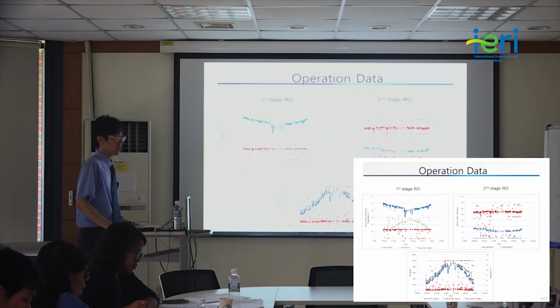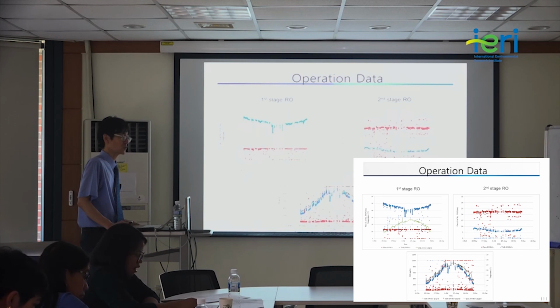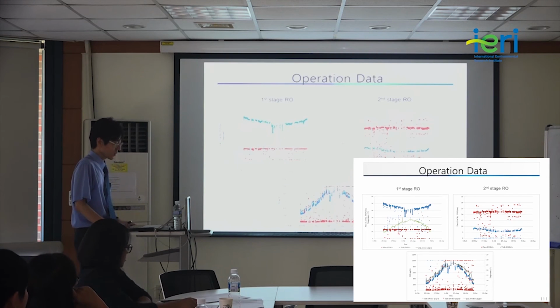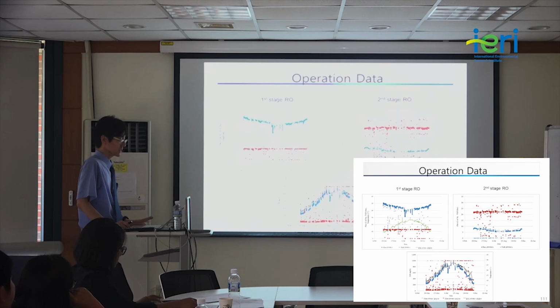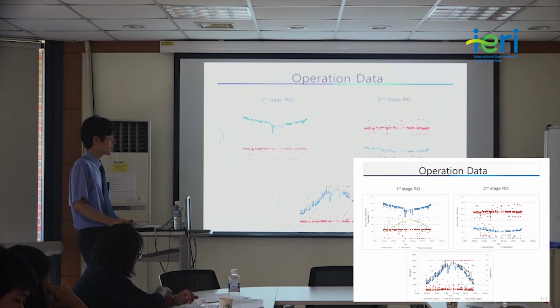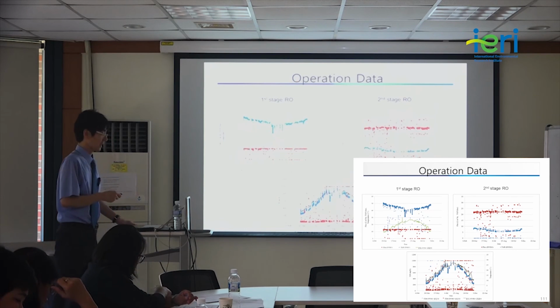And before we apply this theoretical model, we first have to measure the actual data from the plant, which is shown just here. Since we have two stages, two passes, in fact, for the reverse osmosis, we have two graphs at the same time.